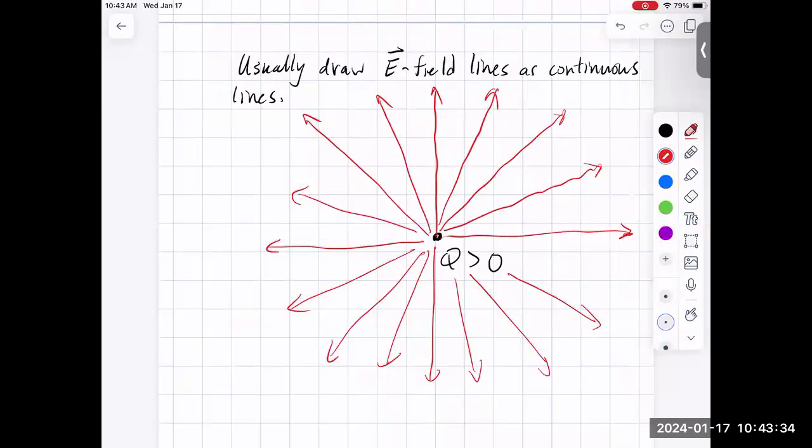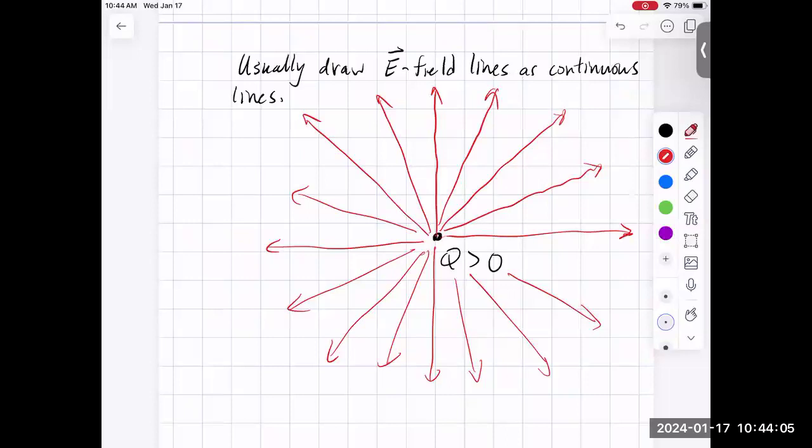Yeah, we could draw arrowheads, but if I didn't want to change this picture, what could you tell me about the electric field lines when I'm close to Q? But how could I get that information from the picture? Yeah, it's the density. It's how closely spaced the lines are.